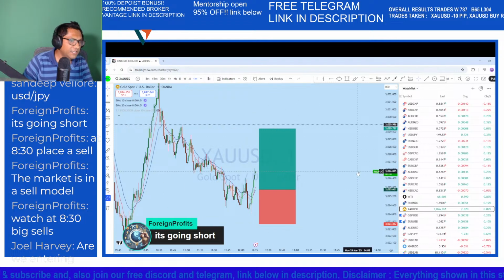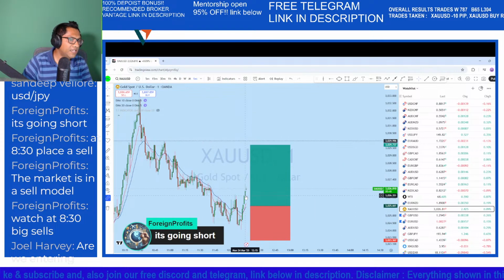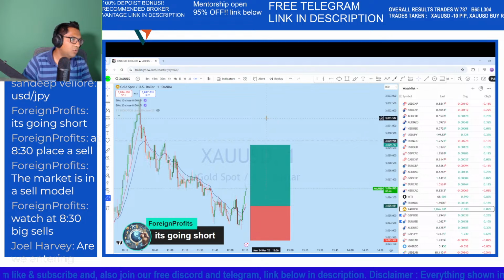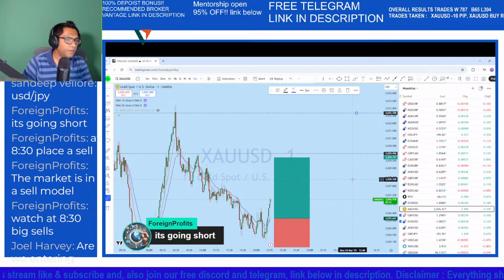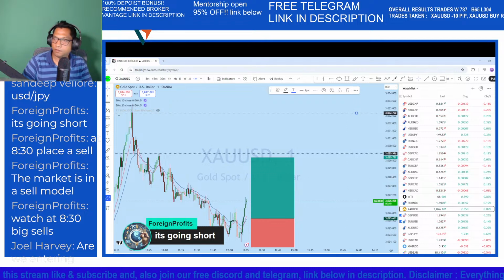Now if it is maintaining that bullish market structure, we might see it ultimately even going back here. That's a reaction, as I mentioned, guys.